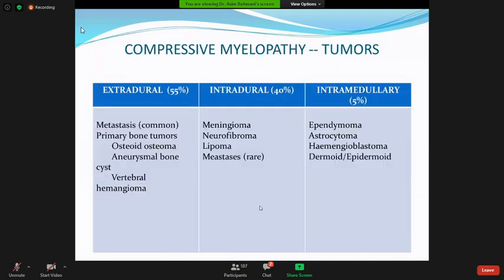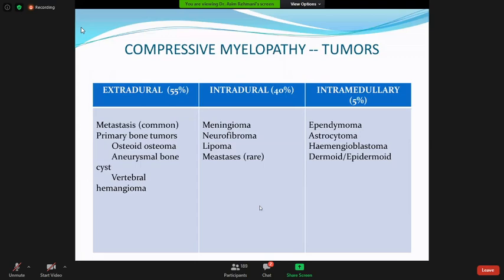Now come the tumors. I've shown initially that spinal tumors can be classified on the basis of their location. If the tumors are located outside the dura, which is the most common site, these are termed extradural tumors. If they are inside the dura, they are called intradural tumors. These can further be divided into extramedullary or intramedullary tumors.